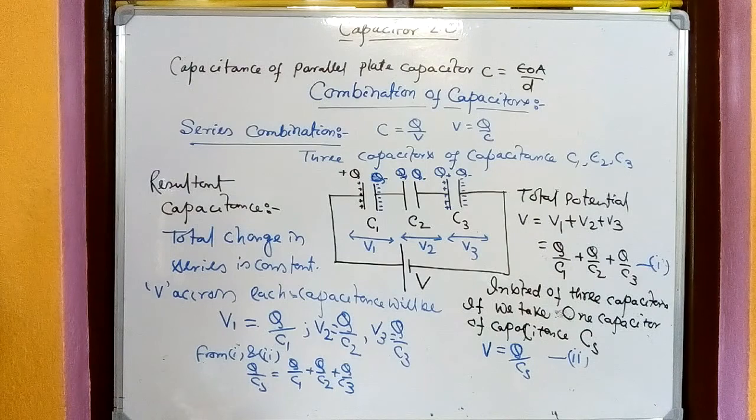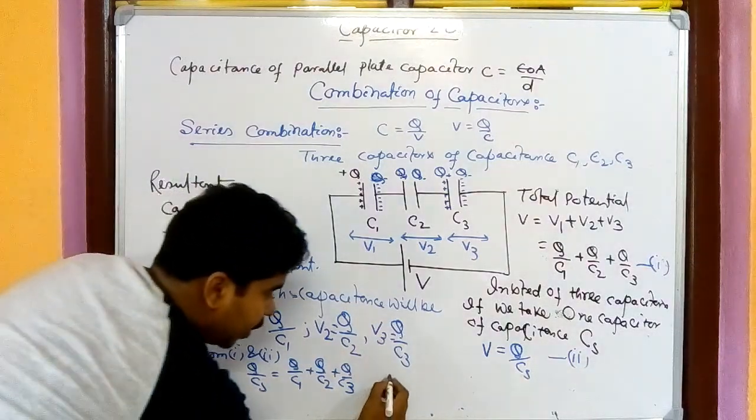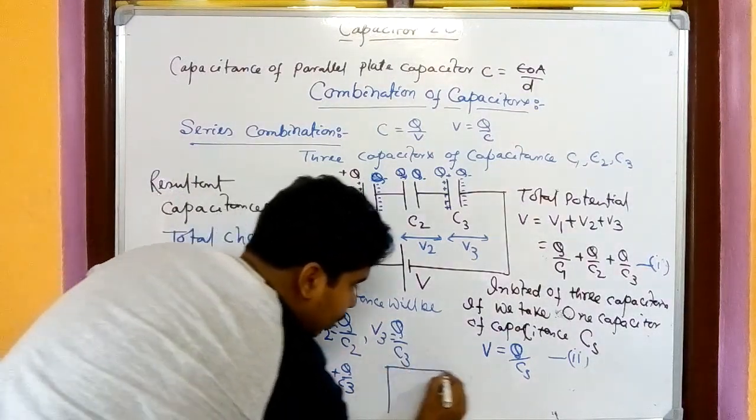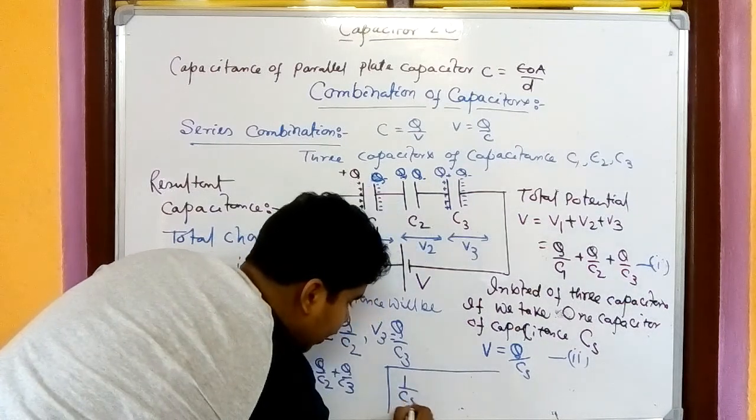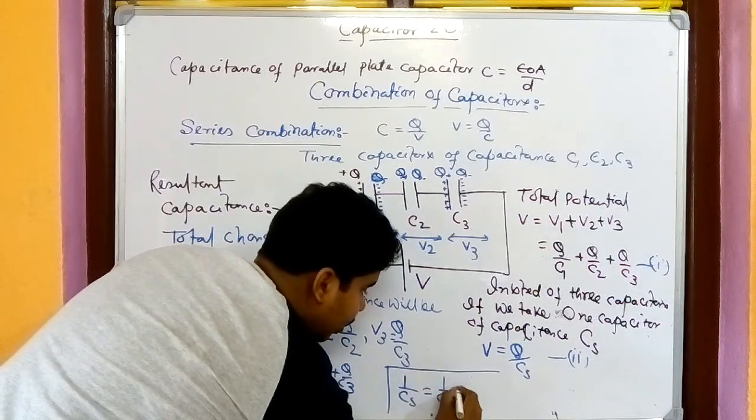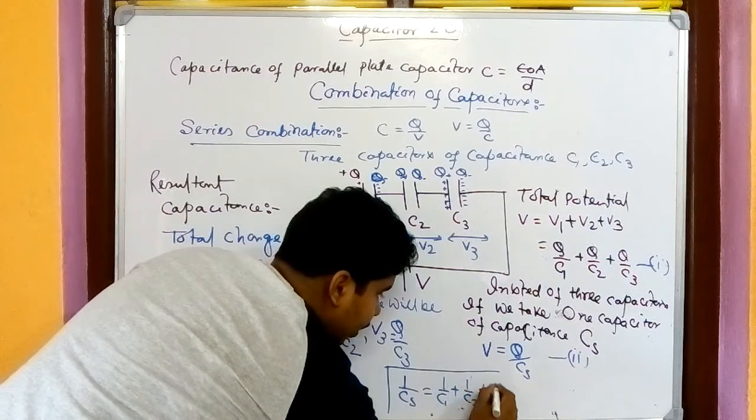See, Q will be cancelled out and the answer will come: 1 by CS is equal to 1 by C1 plus 1 by C2 plus 1 by C3.